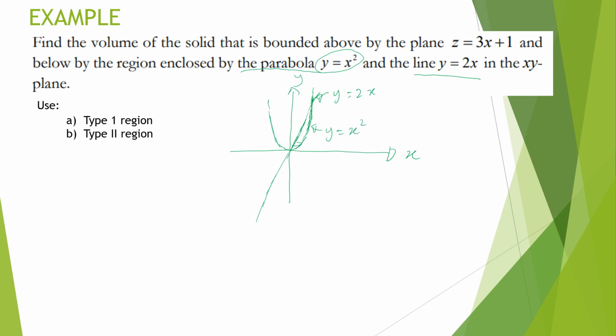So the shaded area here is our region R. This region will give us the information about the limits of integration.